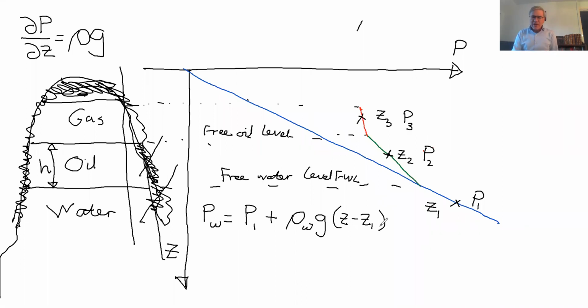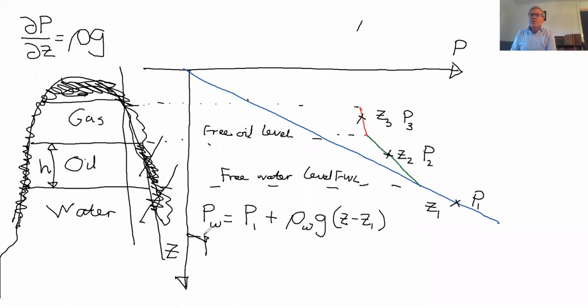I can integrate the equation that was above, this equation with rho W, and I also know that at Z equals Z1, P equals P1, so this disappears and P equals P1. So if I differentiate it, I get this, and I put in the measured value, so that hopefully that equation makes sense.